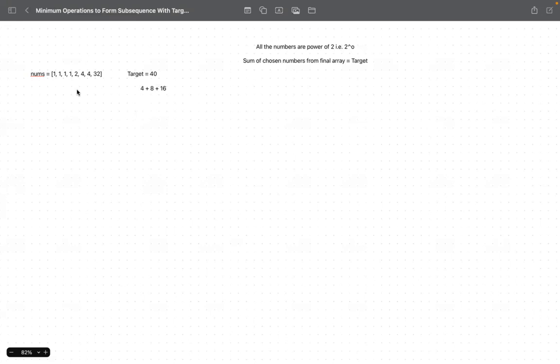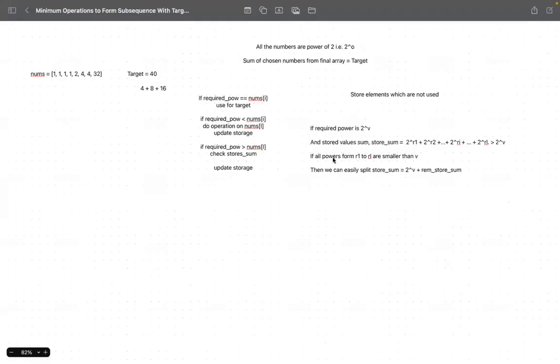So the algorithm that I'll apply is, okay, let's write the logic here. If you traverse from left to right for nums and for target as well, there are three conditions that can occur. First condition is required power is equal to nums.